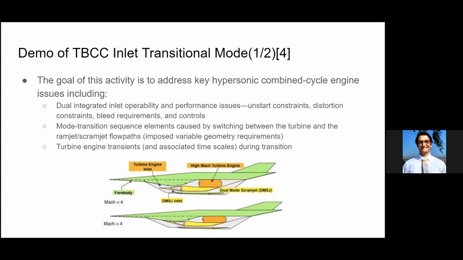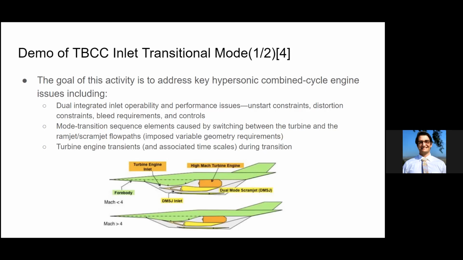And then the next paper we found was on the demonstration of a TBCC, looking specifically at the transitional mode between the turbine and the scramjet. The goal of this paper was to address key hypersonic combined cycle engine issues, including dual integrated inlet operability and performance issues, unstart constraints, distortion constraints, bleed requirements, and the control of the actual inlet.